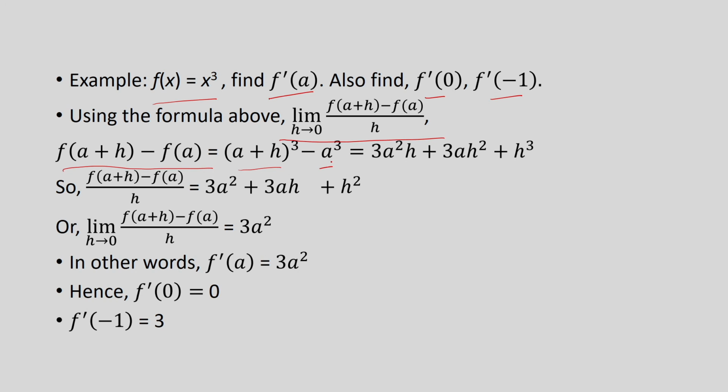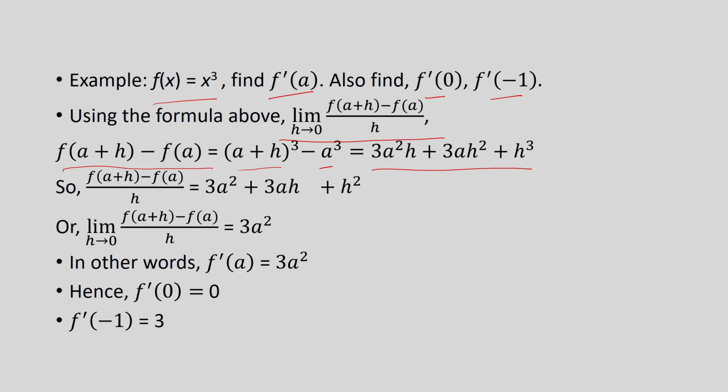So, a plus h whole cube minus a cube, and if I expand a plus h whole cube, then I will get a term a cube, which will get cancelled with this minus a cube. So, I will be left with 3 a square h plus 3 a h square plus h cube.